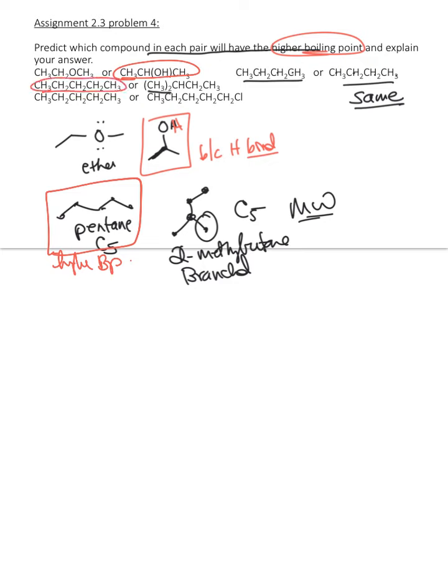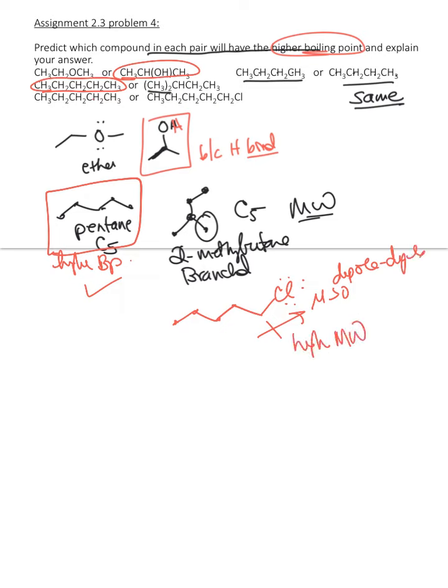And then the last one, 1, 2, 3, 4, 5, it's still pentane, or 1, 2, 3, 4, 5, it is chloropentane. It has a dipole moment, so it has dipole interaction, and also has a higher molecular weight than pentane itself. So it would have the higher boiling point.